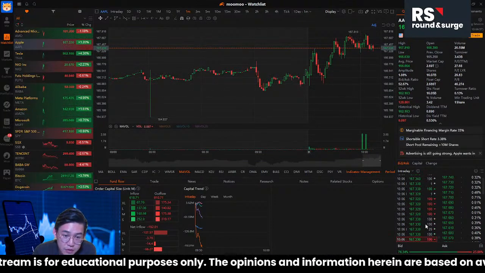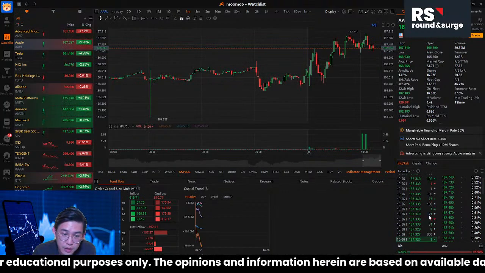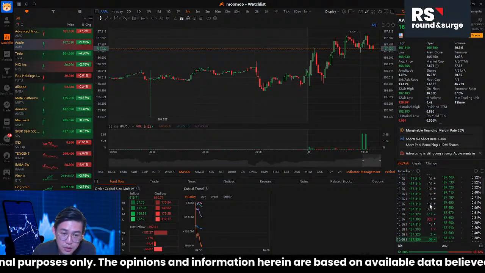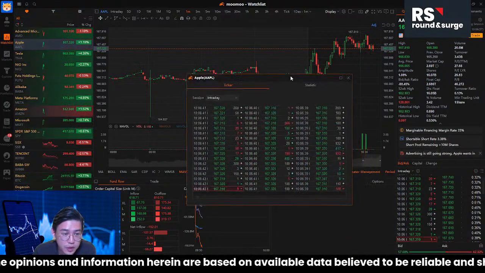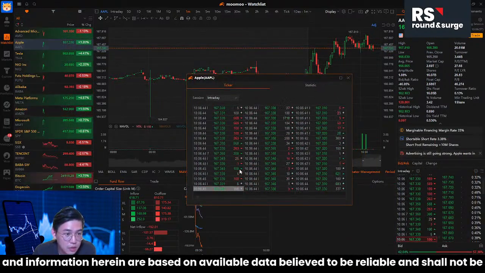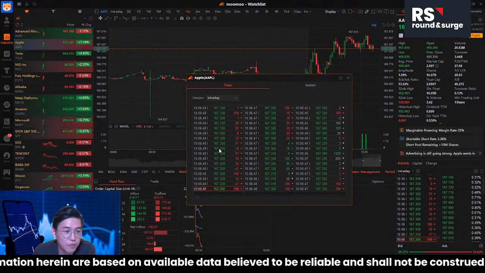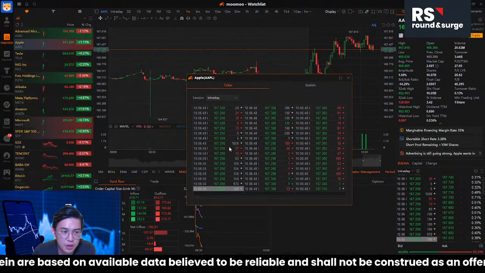So we have this one over here. Basically red color is sell down. Can I do any changes to the color? I want to make it easier, even with the price, the price sell down is also red.